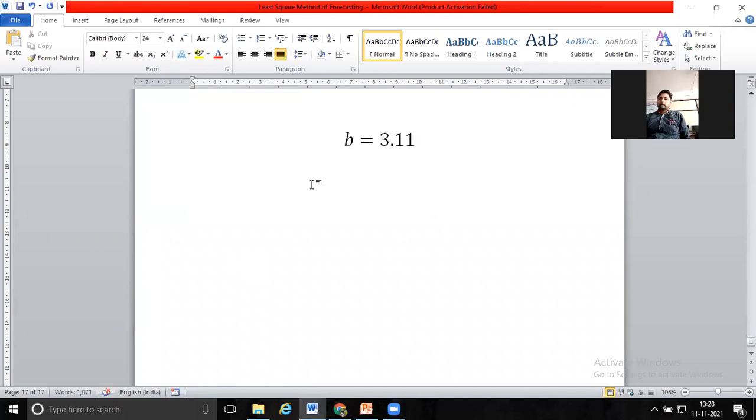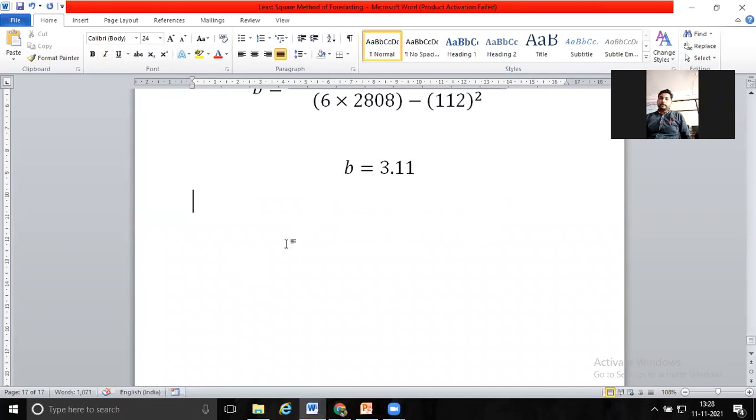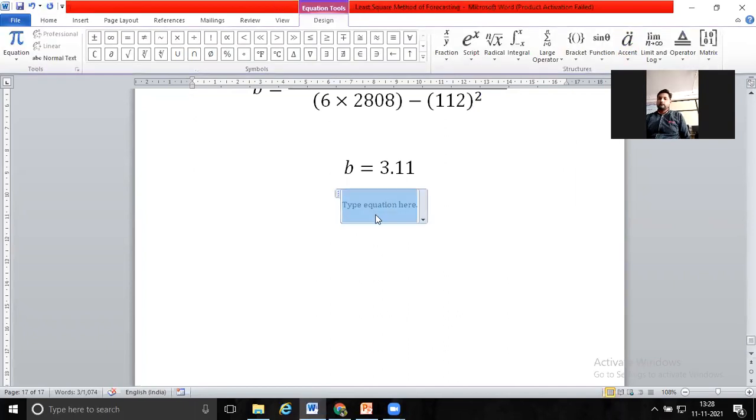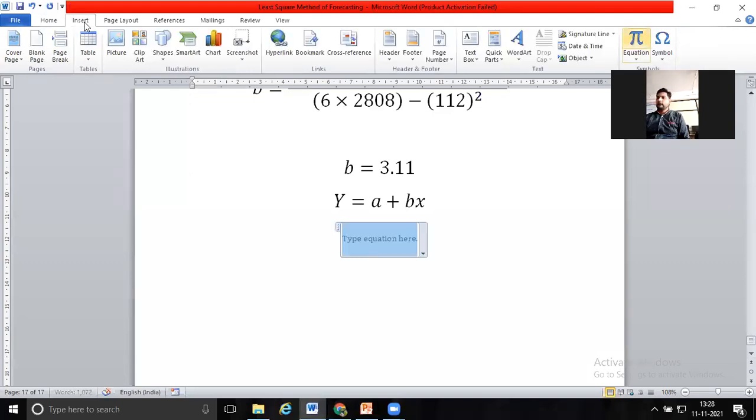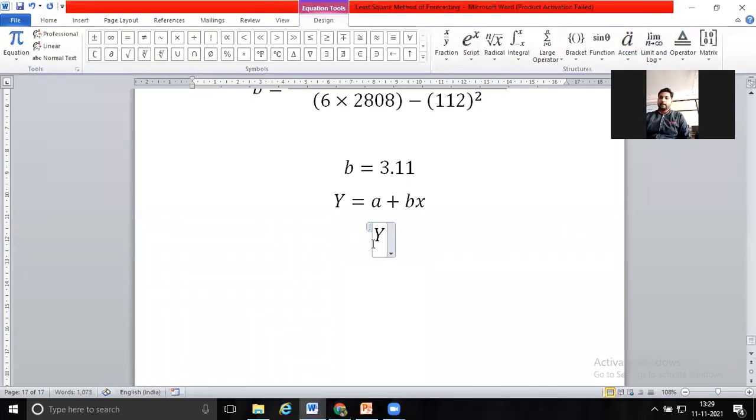So this A and B, once we have calculated, the next part is we have to formulate our line equation. Y is equal to A plus B multiplied by X. Okay, and we have calculated the A value.